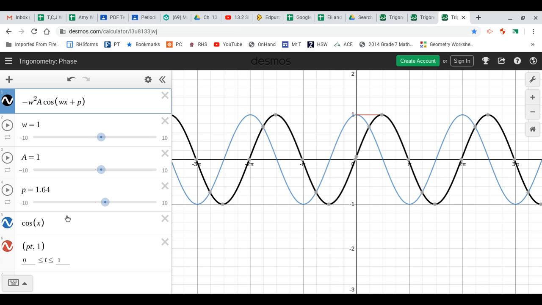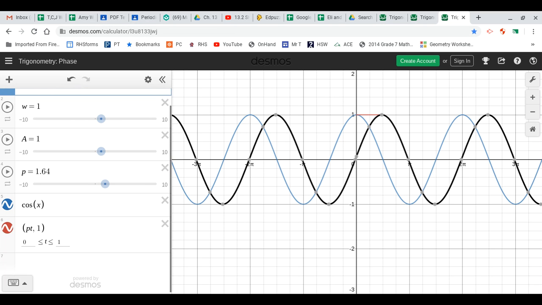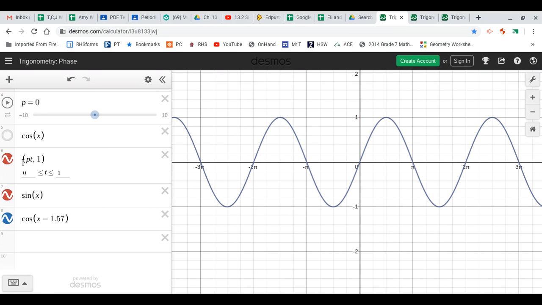A phase shift of 0, oops, wrong graph. A phase shift of 0 means that that particular function starts out from 0. Phase shifted, it's like you slid it to the right or slid it to the left.